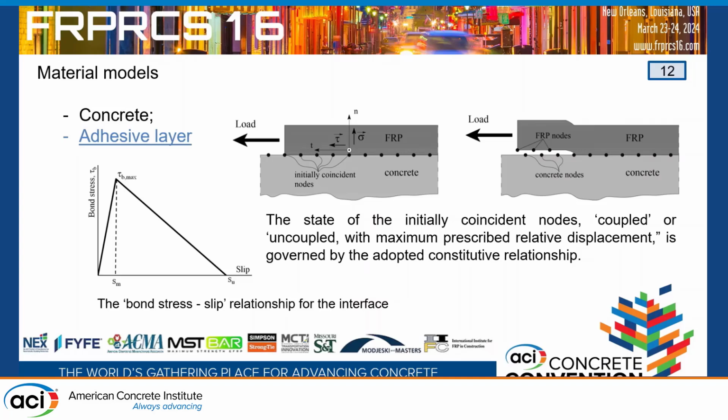Again, this illustrates the procedure which models debonding. Initially, you have coupled nodes at the interface: at each point on the interface, one node for the concrete and one node for the FRP.